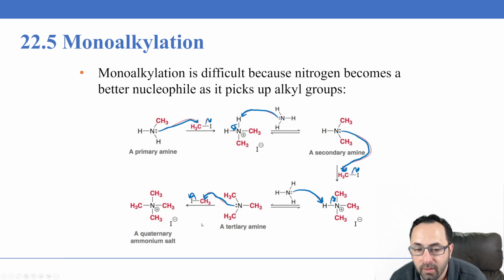So this monoalkylation here, as long as we have plenty of the alkyl halide, will subsequently attach additional methyl groups or additional alkyl groups until you get a quaternary ammonium salt if you run this reaction with excess of your alkyl halide.